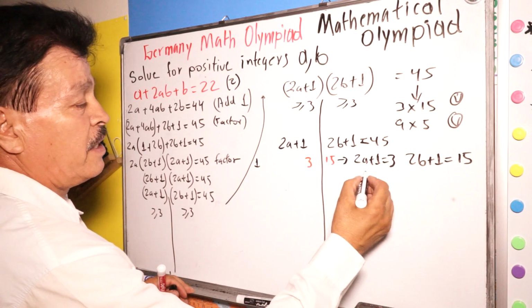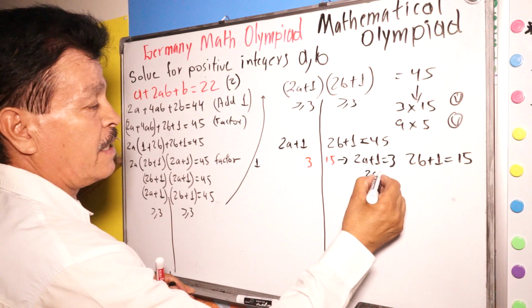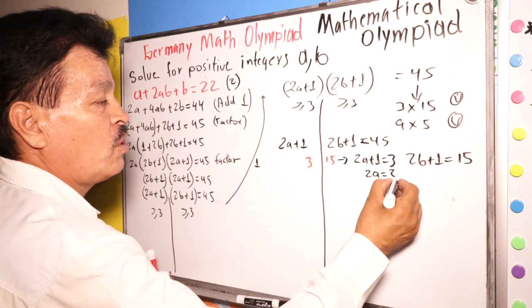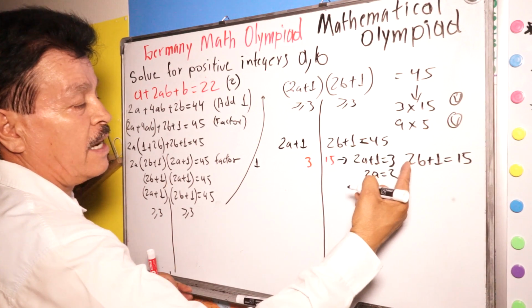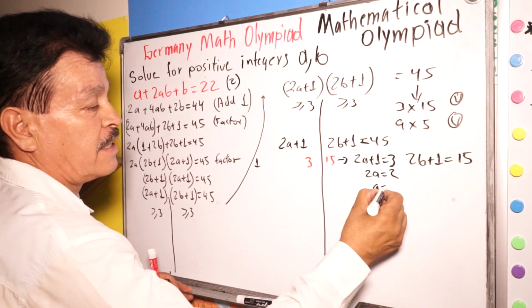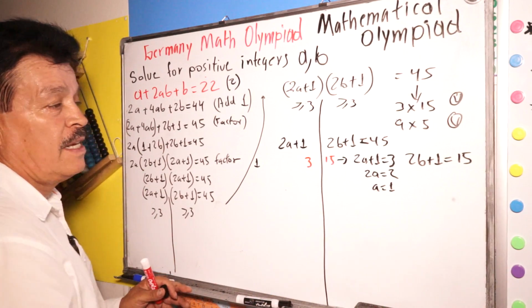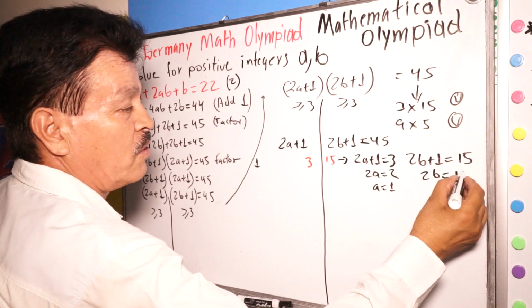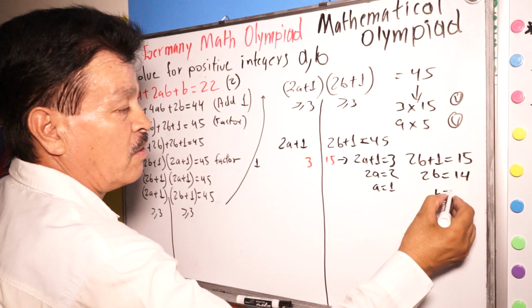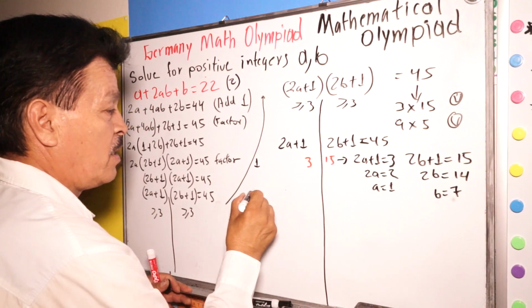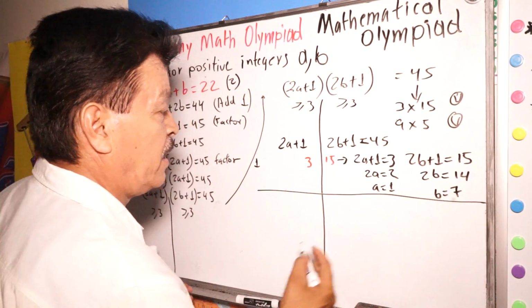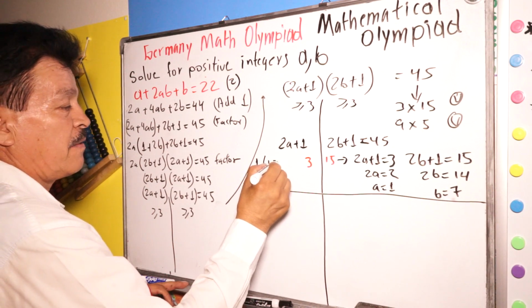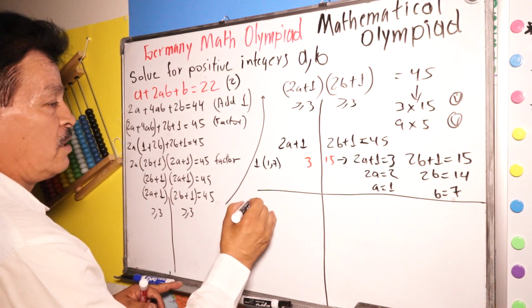You simplify here, and you're going to have 2a equals 2, because you move the 1 over to the other side and subtract, and then a equals 1 right here. And then 2b equals 14, and then b equals 7. Right, we have the first solution here: 1, 7.